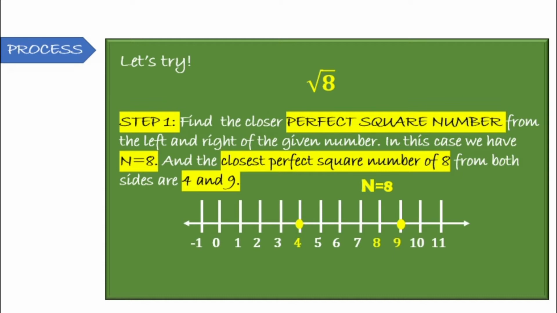Look at the screen. We see 8 marked with the red arrow, and we compare which is closest to 8. Is it 4 or 9? Okay, 4 is farther. So 9 is the closest perfect square number to 8.